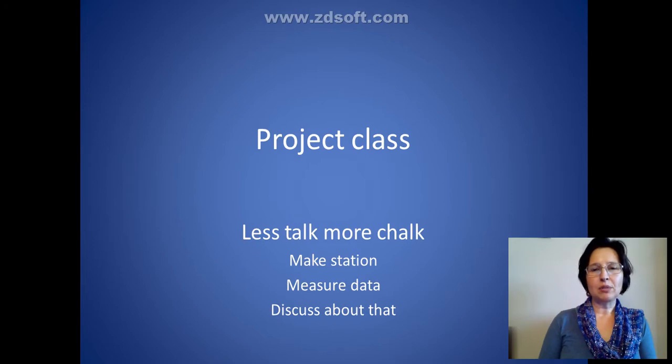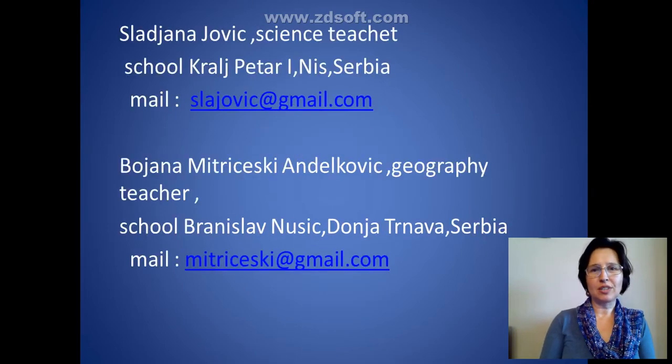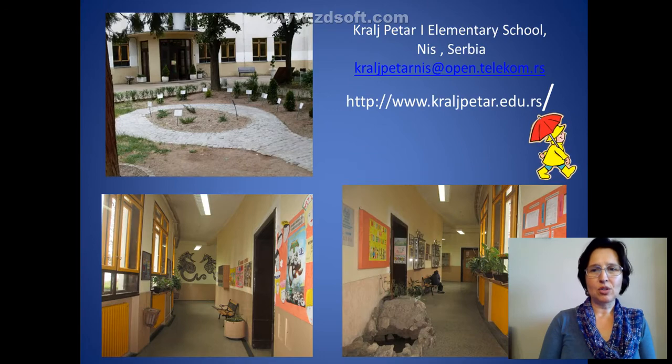Right now I will present you just a couple of this data so that you can see how we compare the result of this project and how kids did all this with us. Okay. So we can start. After our introduction, me and my colleague from two different schools, you can see this is my school, primary school Kralj Petar in Niš.